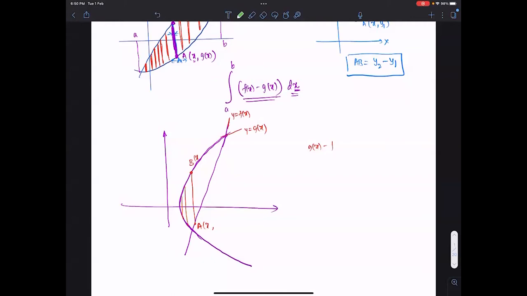But see here, if I start taking horizontal strips, the left side of the horizontal strip is always on the parabola and the right side is always on the line. So the nature of your left point and right point is not changing throughout.